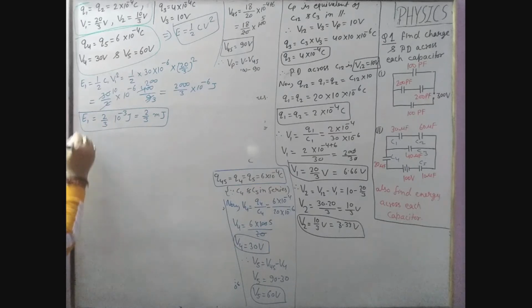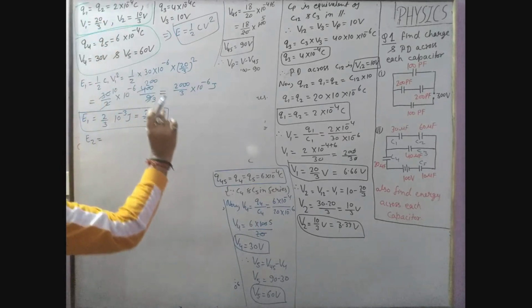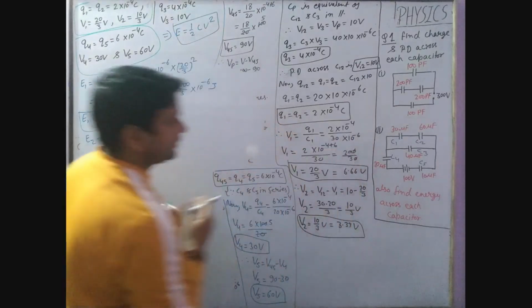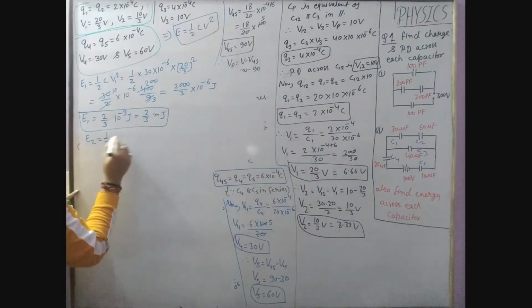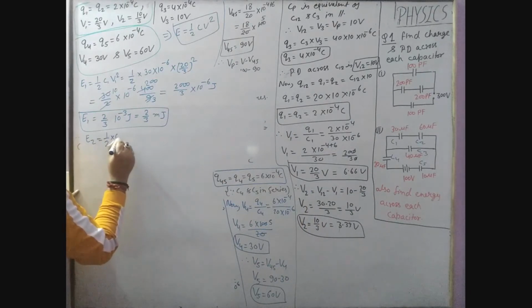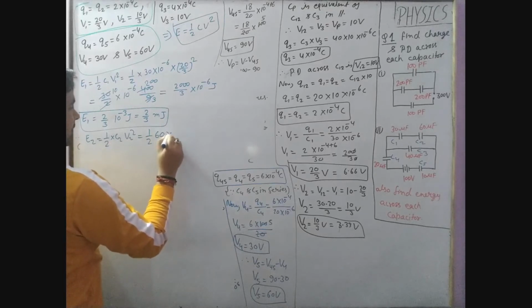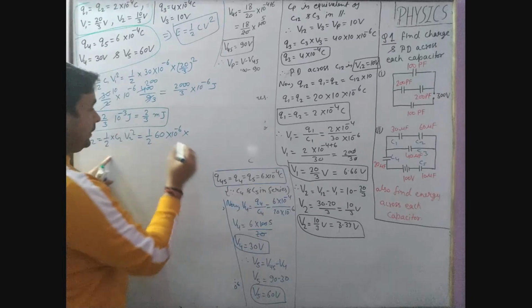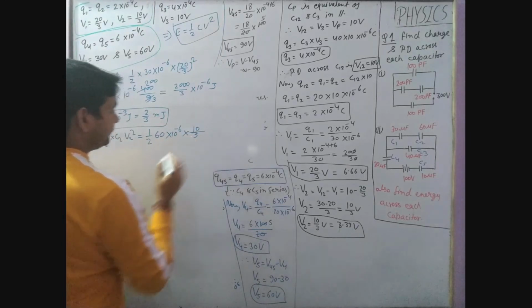Now E2, I will explain how the value is 60. E2 is half C2 V2 square, which means half into 60 into 10 to the power minus 6, and V2 we have 10 by 3 whole square.